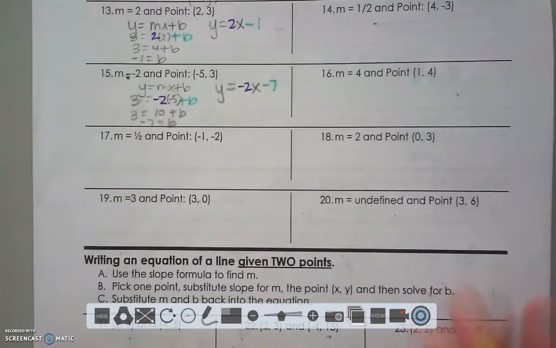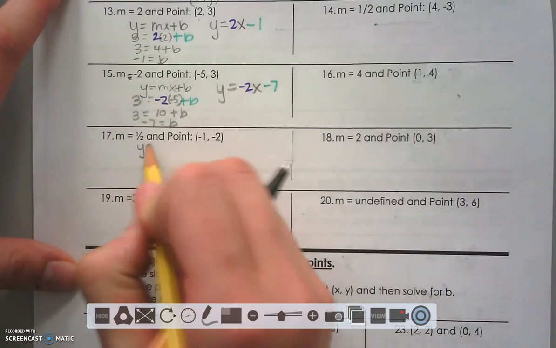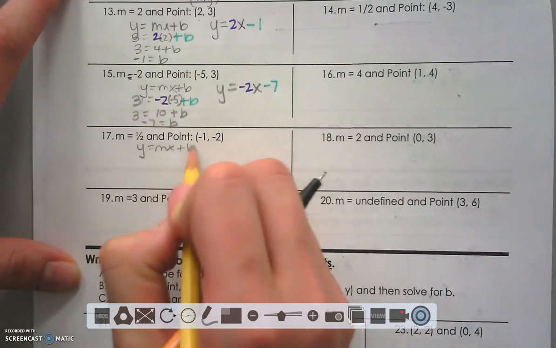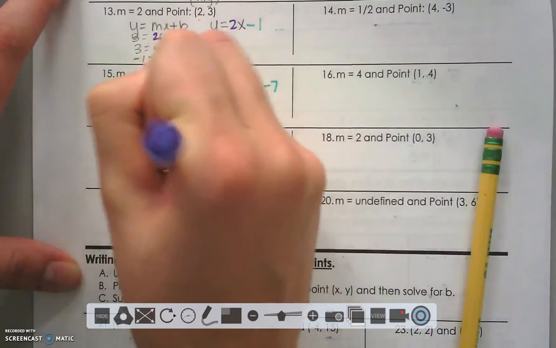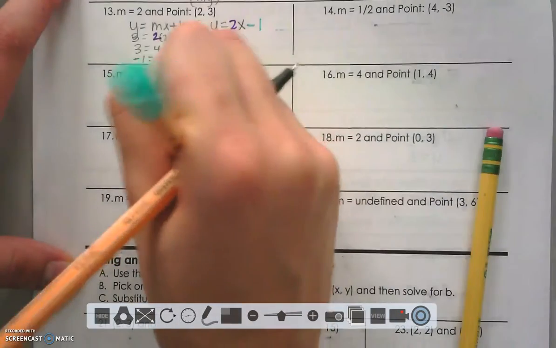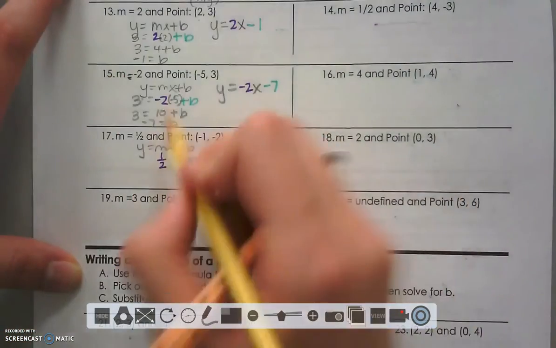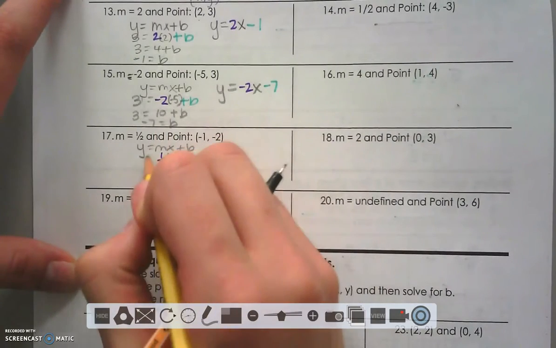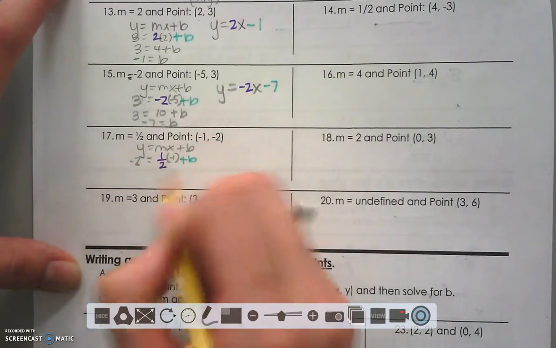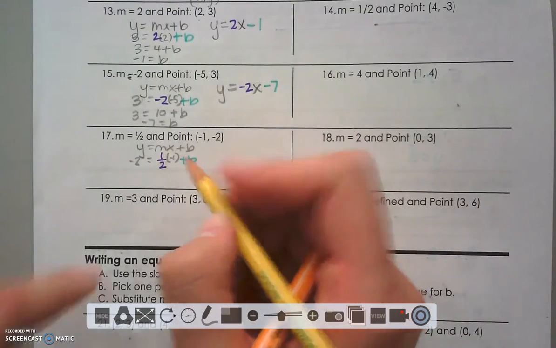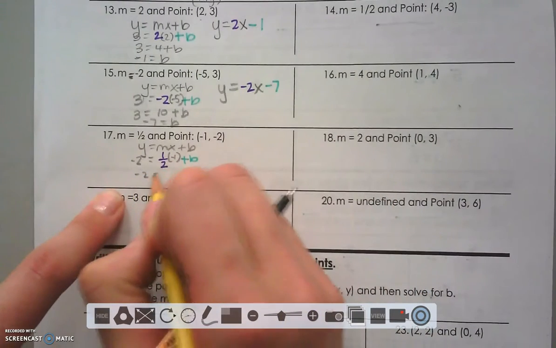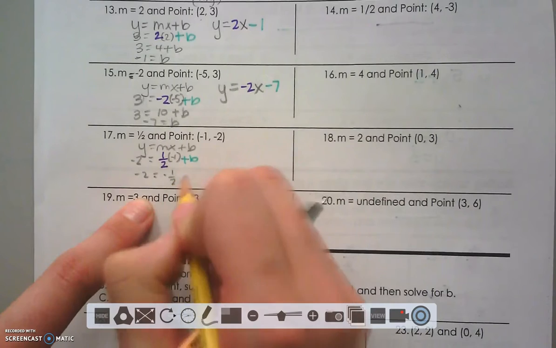Couple more examples. So we're going to get negative 2 equals negative 1/2 plus b.